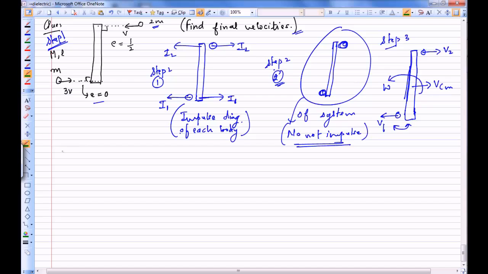So I have basically 4 unknowns. Look at the velocity diagram. They are basically your v1, v2, VCM and omega, and I need 4 equations. 2 equations can be formed using the coefficient of restitution.